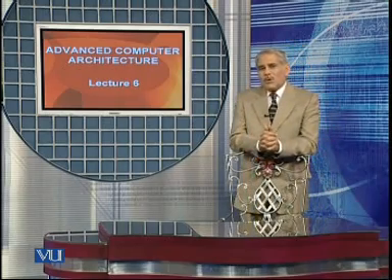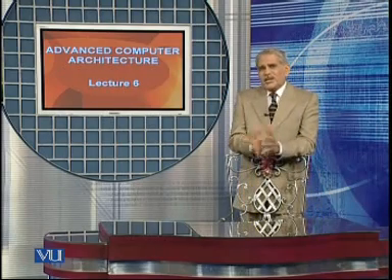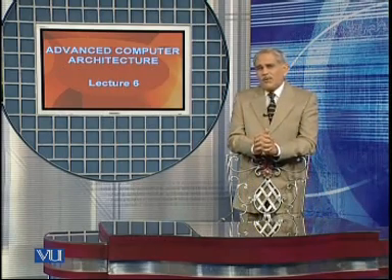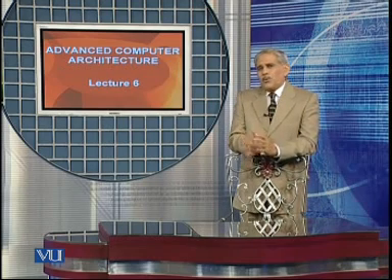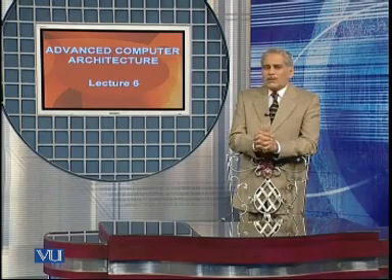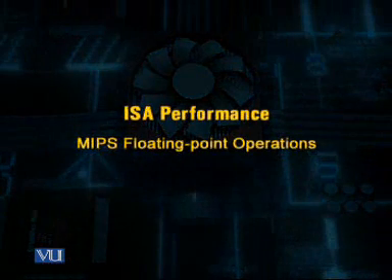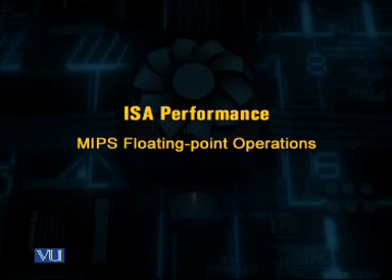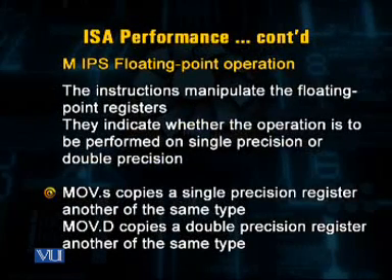So far, we have been talking about simple integer type of instruction set architecture for integer type of instructions, whereas we have been pointing out from time to time about the floating point operands. The floating point operations are the instructions which manipulate the floating point data. As you can see from this slide, there are different instructions which are written for this.